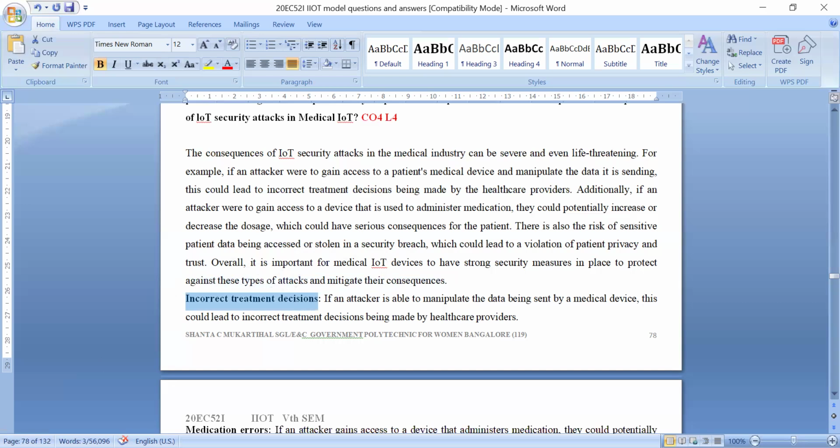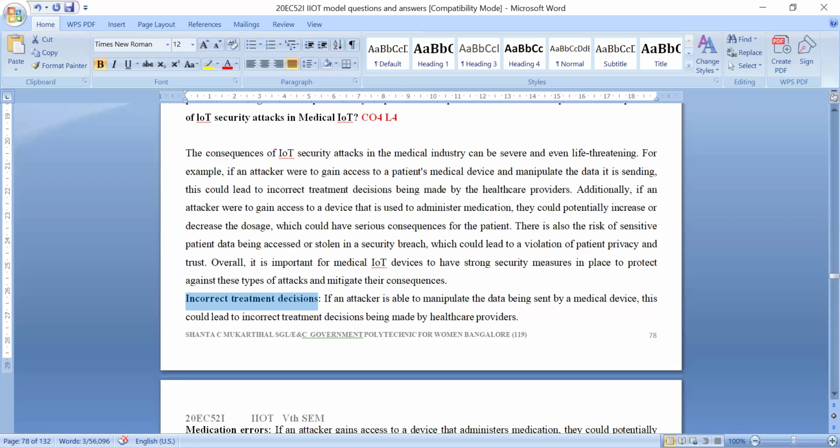For example, if the attacker gains access to the medical device such as a heart monitor or insulin pump and manipulates the data it sends, the healthcare providers may base their decision on the faulty information. Based on this faulty information, they start giving the medication to the patients.